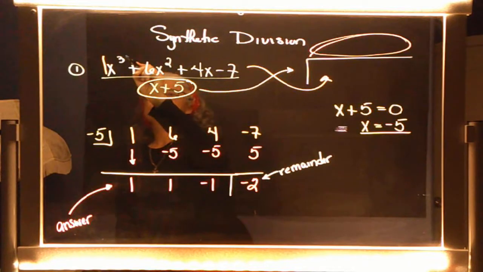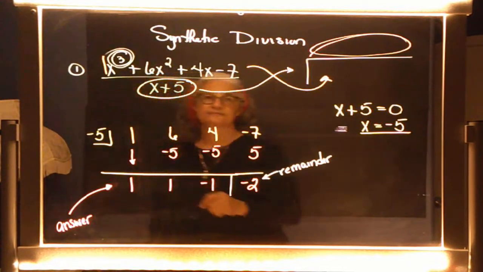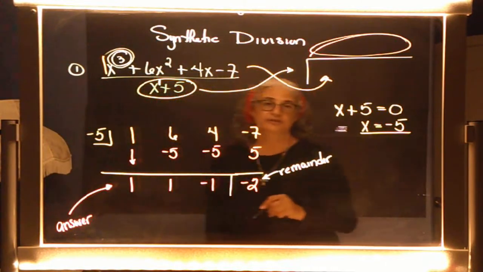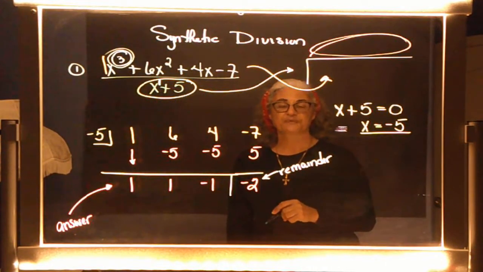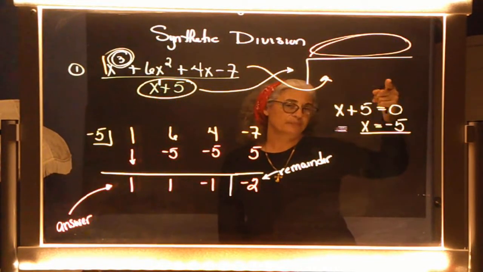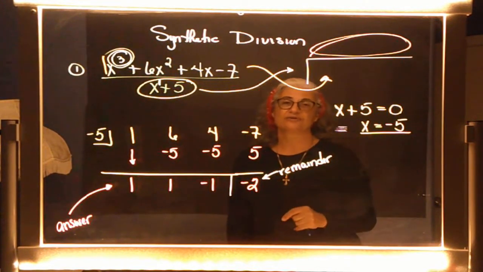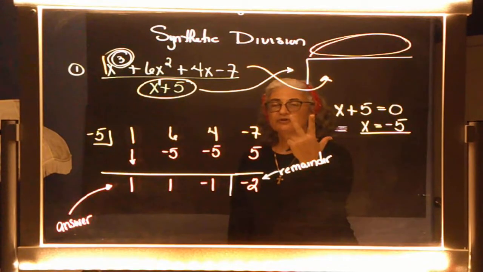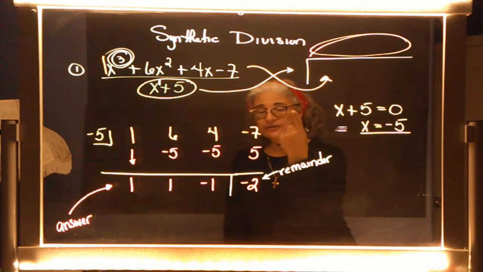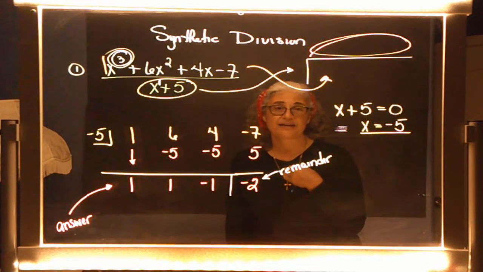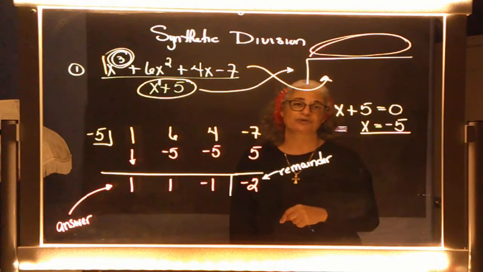This was a third-degree polynomial, correct? You divided by a first-degree polynomial, didn't you? Does division build things up or cut things down? It cuts things down. So if I had a third-degree polynomial and I divided by a first-degree polynomial, that means my answer should be a second-degree polynomial.